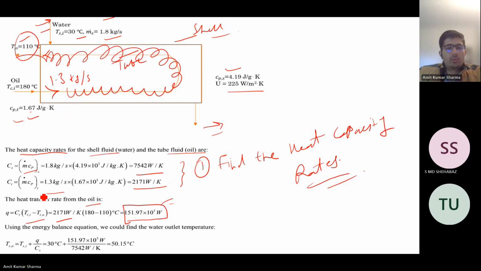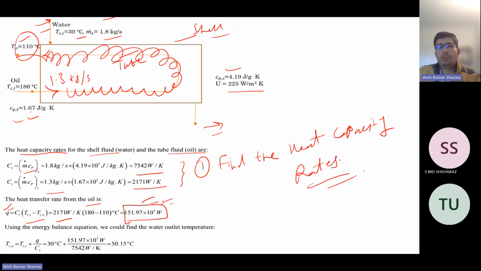So apply the energy balance. Also apply the same formula for water, and the heat will remain the same because we are considering heat loss as zero. So this complete heat given by the hot oil will go directly to the water.